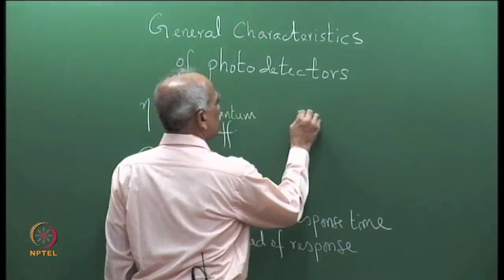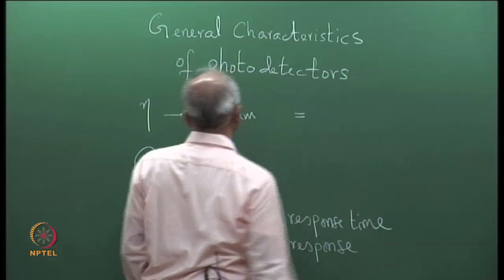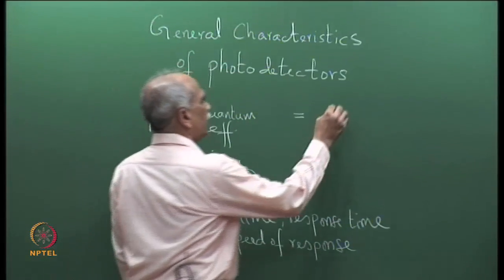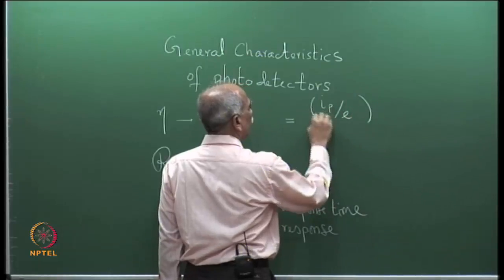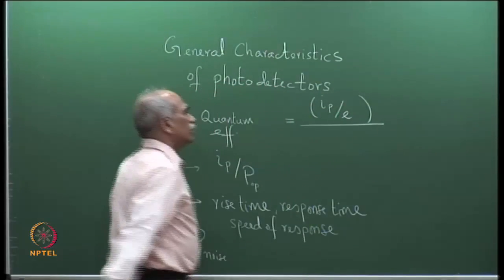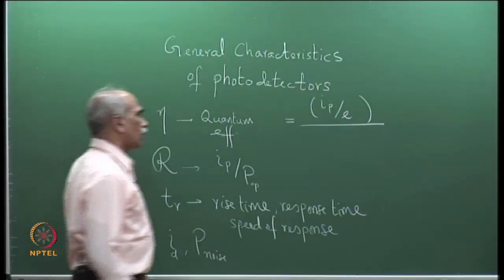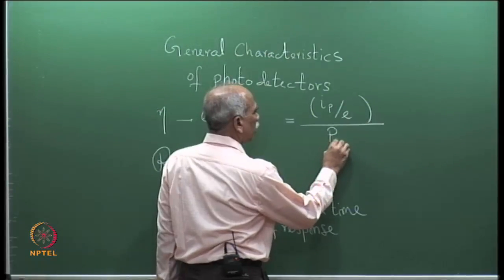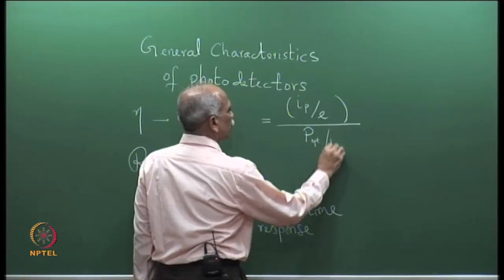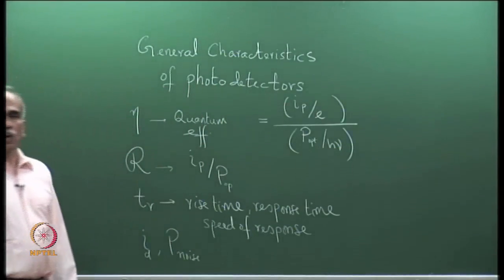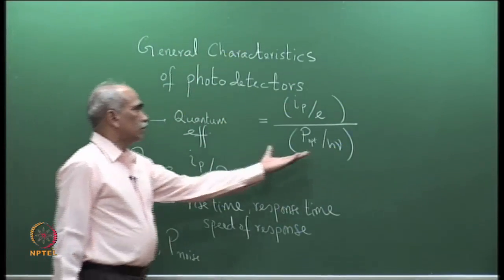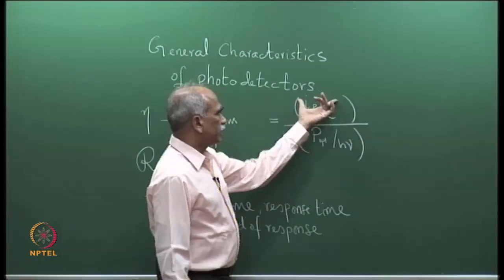And we have seen that the quantum efficiency is basically the carrier flux generated, which means it is IP divided by E, due to an incident photon flux, which is P optical divided by h nu. So, the power incident divided by the energy of one photon gives you the photon flux, and this is the carrier flux.